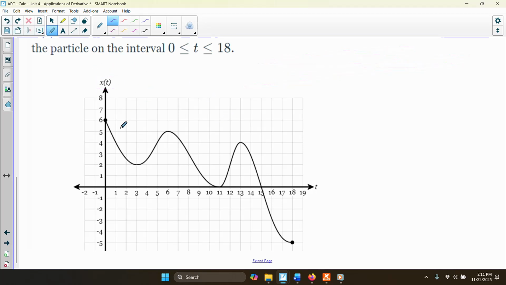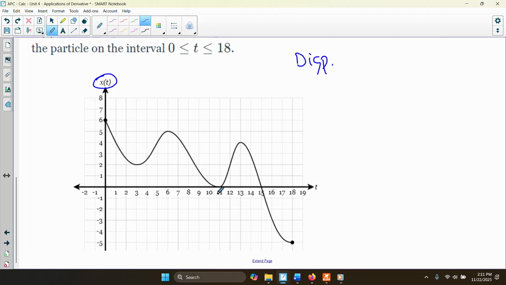I'm going to treat this as an elevator problem only because it's so much more visual. It's going down, it's going up, it's going down, and it's much easier to think of it that way. The final answers will still be the same. Anyway, this is my position function, and if the question is, what's my displacement?